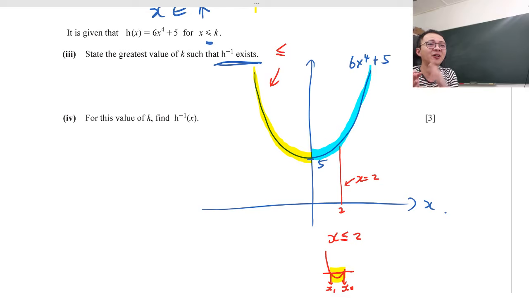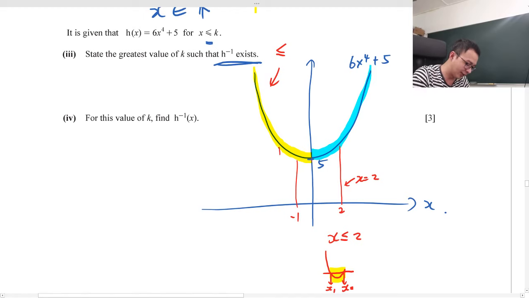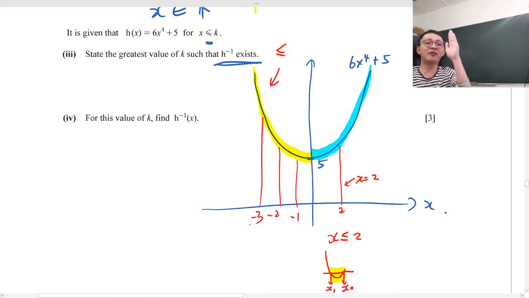So therefore, in order to make the inverse exist, I need to start taking from 0 here. I can take 0, I can take -1, -2, -3, and so on. As long as from 0 backwards, then the function should be one to one.